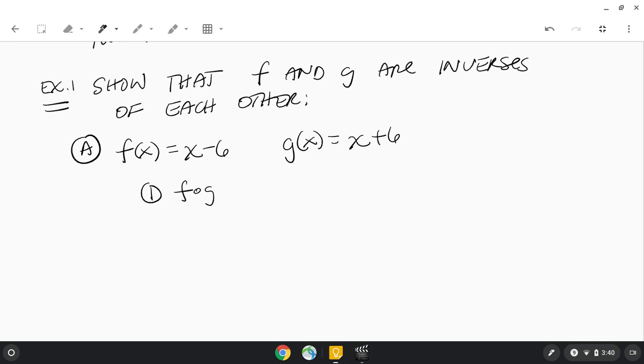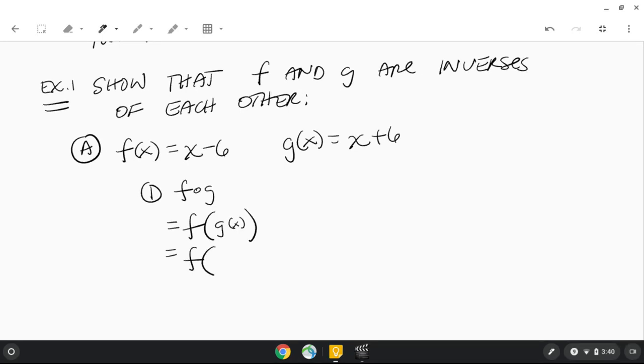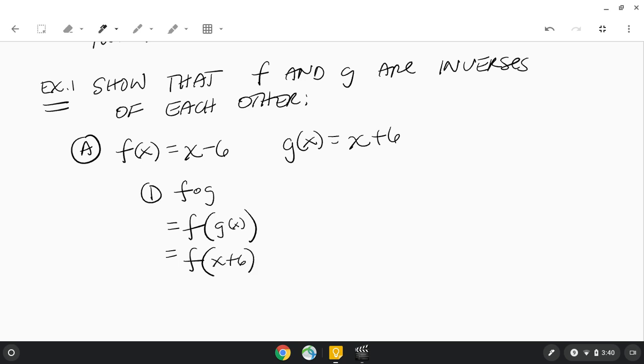Okay, so we are doing F and plugging in G. That means we are plugging in what G is. G is x plus 6. So we're taking x plus 6 and plugging that into the F function.